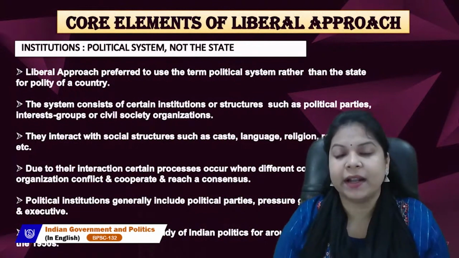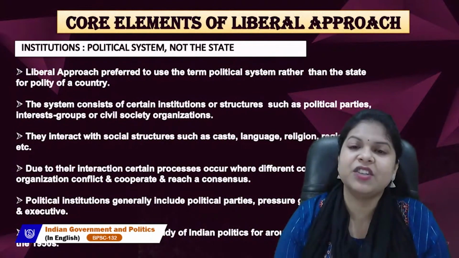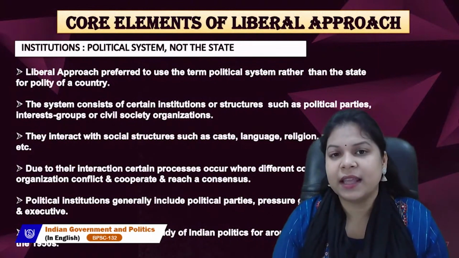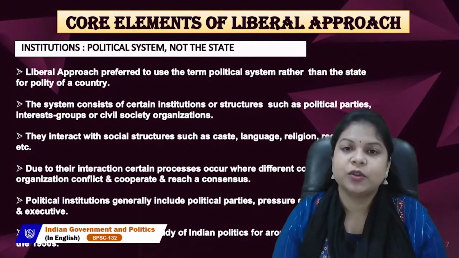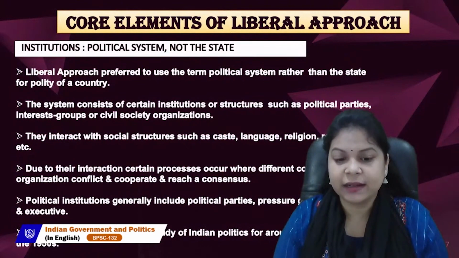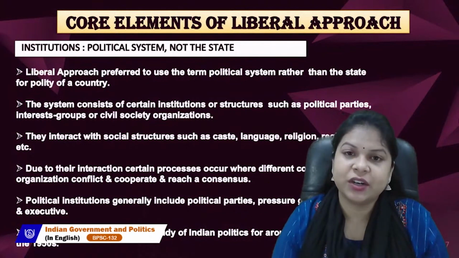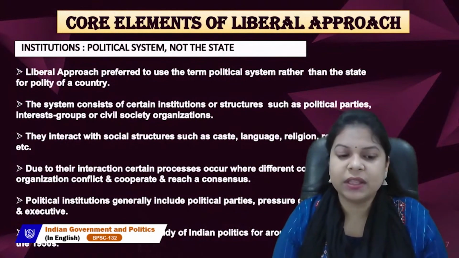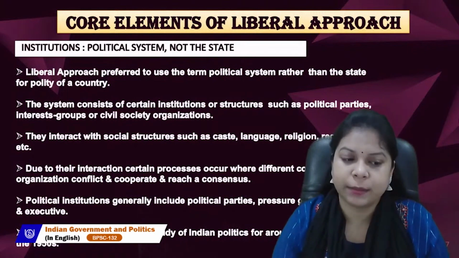So how do they cooperate? They reach a consensus from which they can cooperate. So deliberations and discussions are necessary. Political institutions generally include political parties, pressure groups, legislature, and executive. These are all the political institutions which the liberal approach talks about.